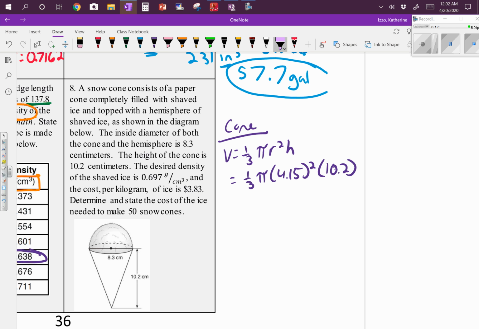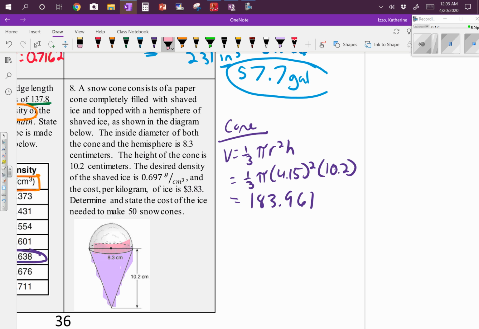So if we're doing the cone part, we type that into our calculator, and we should get 183.961.